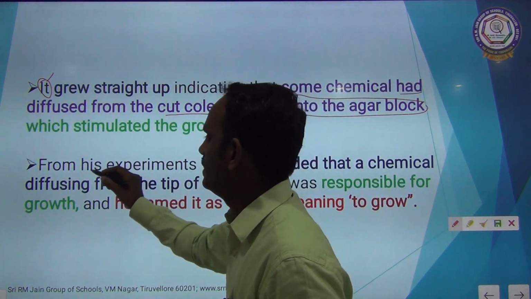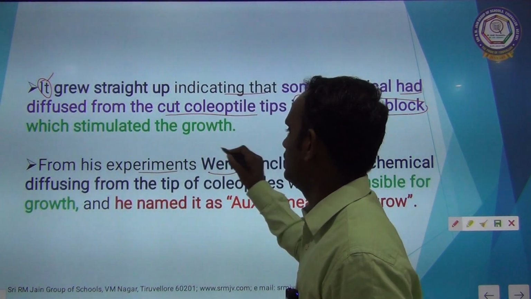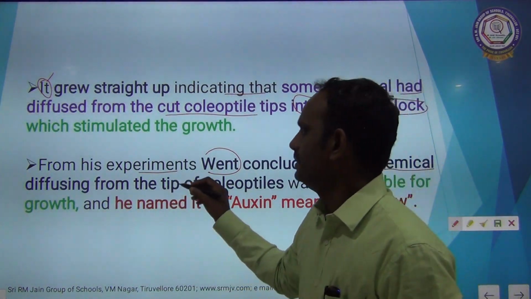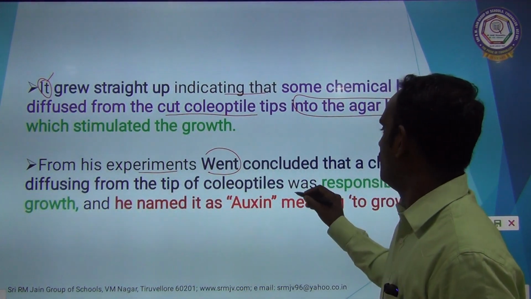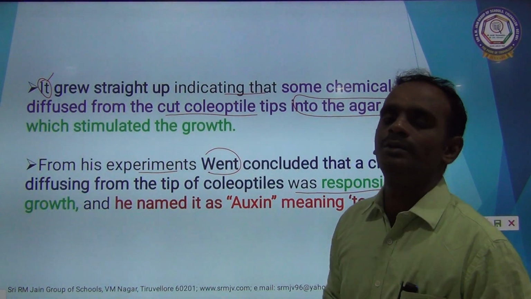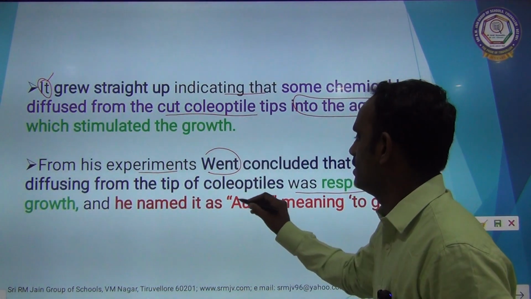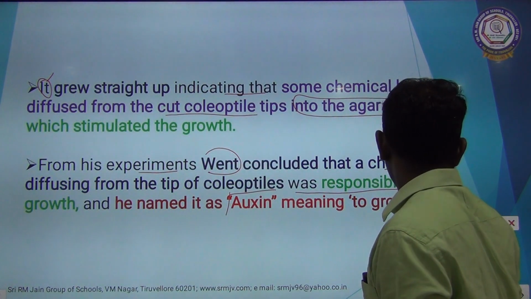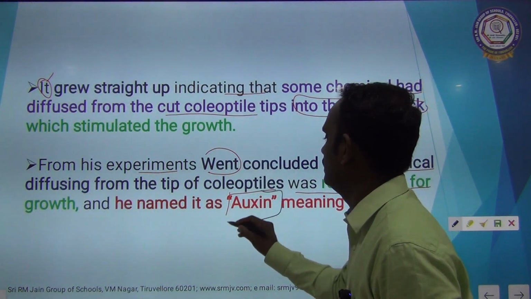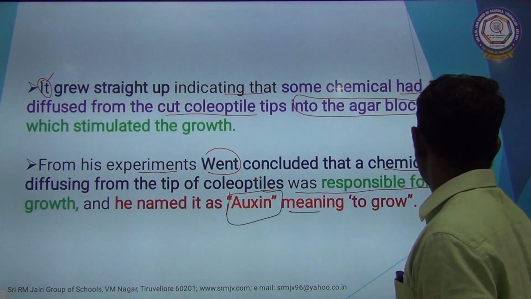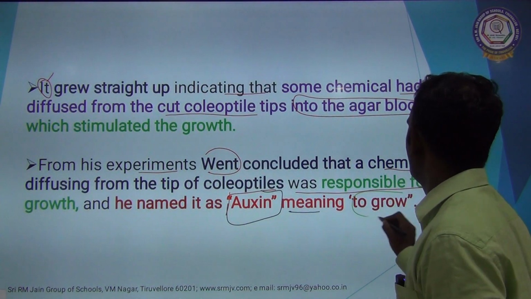From his experiment, Went concluded that a chemical diffusing from the tip of the coleoptile was responsible for the growth of the plant, and he named it Auxin. Auxin means to grow.